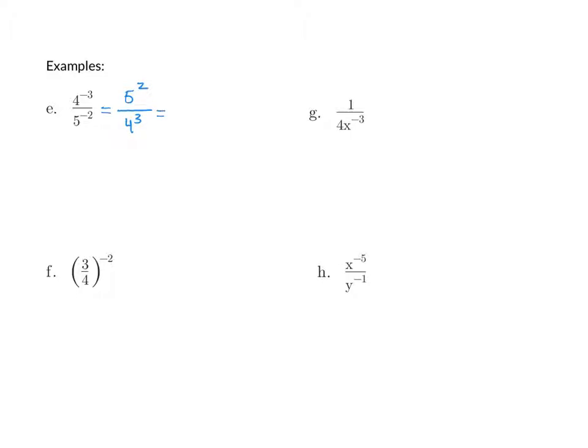And now we can go ahead and evaluate. So we get 25 over 64, and we're done.